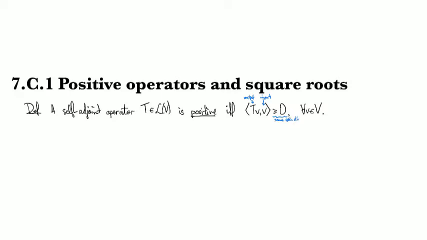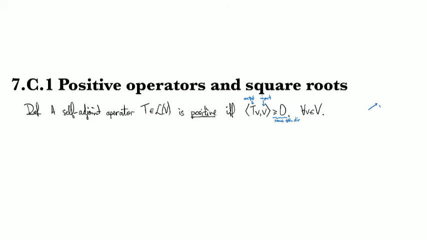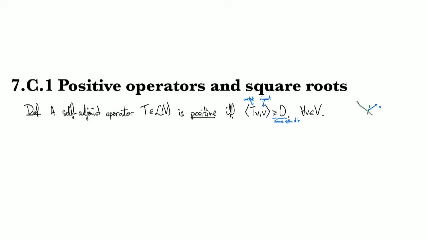By general, I mean that one is not necessarily a scalar multiple of the other, but they're generally pointing the same way, within an angle of pi over 2. For instance, if I take my vector v to look like this one right here, then I consider the orthogonal space.